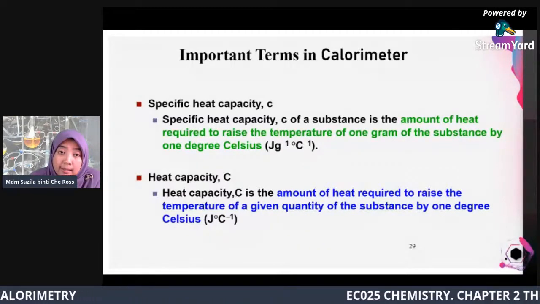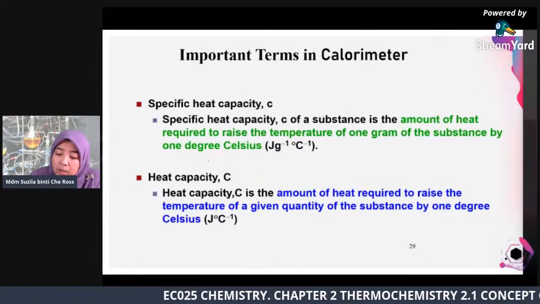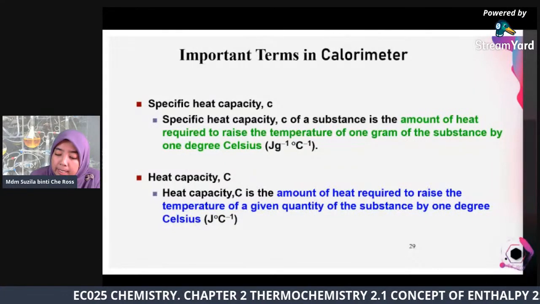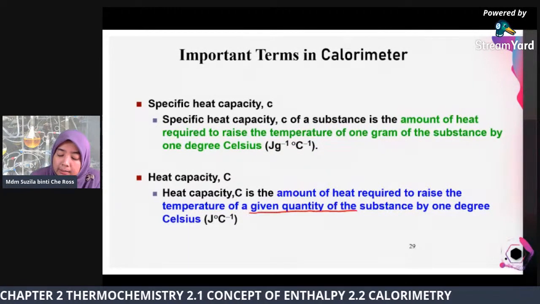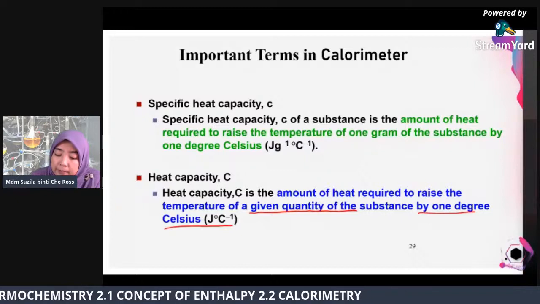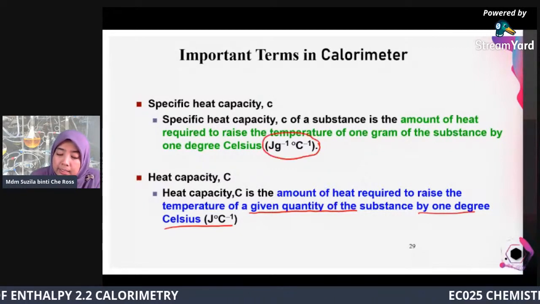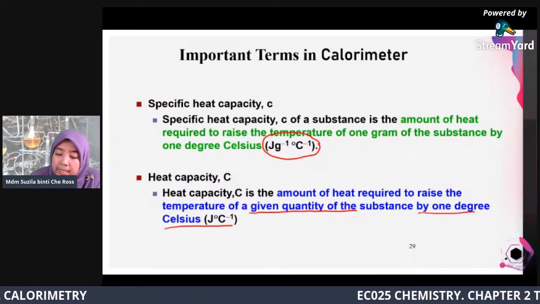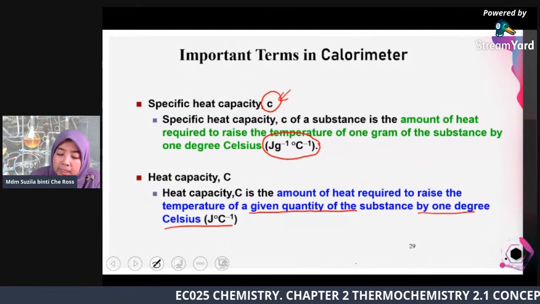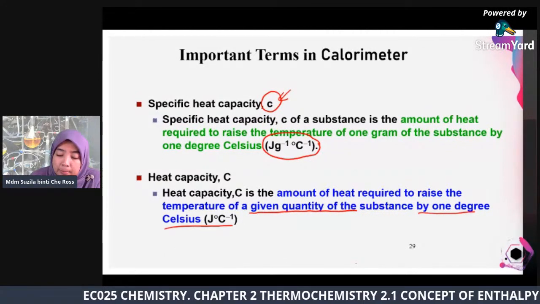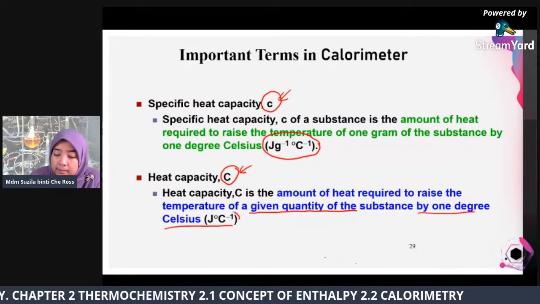Heat capacity is the amount of heat required to raise the temperature of a given quantity of substance by 1 degree Celsius. From the unit we can see, specific heat capacity has the symbol small c and the unit is joule per gram per degree Celsius, while heat capacity has the symbol capital C and the unit is joule per degree Celsius.